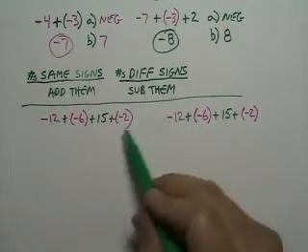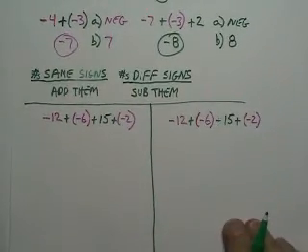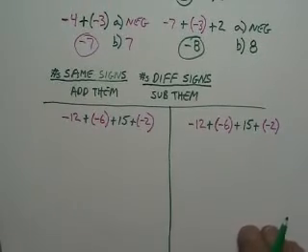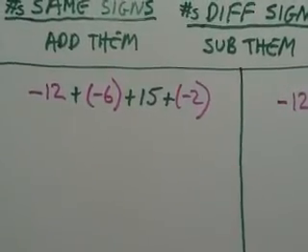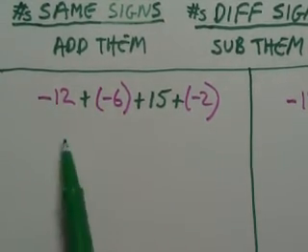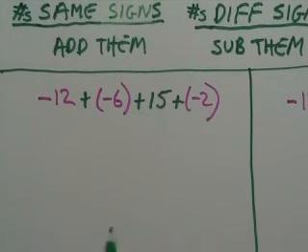Now I'm going to show you the same problem, but we'll do it two different ways. Let me go ahead and zoom in on that so you can see it. So we have negative 12, negative 6, 15, and negative 2.